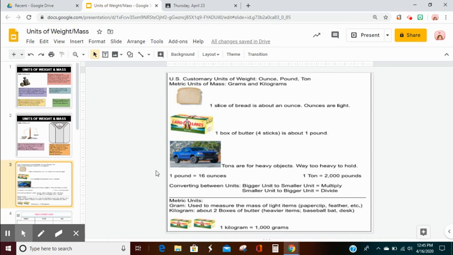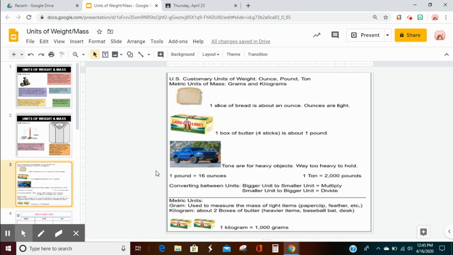So if you have these items around your house, I would like for you to get them and hold them so you can see about how much, or what they feel like, about how much they weigh. If you have one slice of bread, put that in your hand. One slice of bread is about an ounce. Ounces are light, so we're going to use ounces to measure lightweight objects.